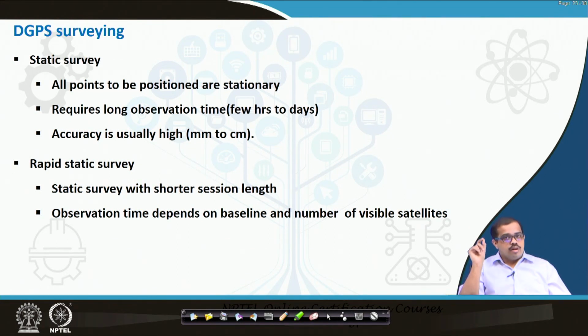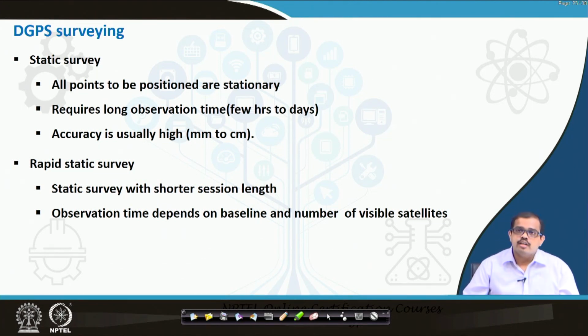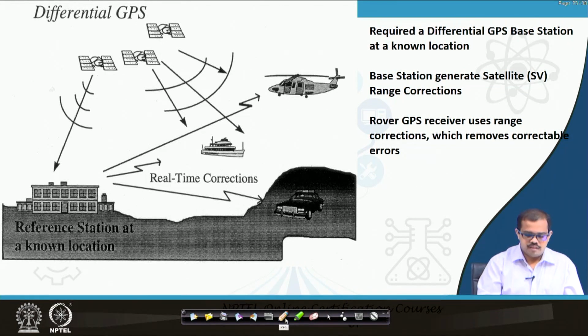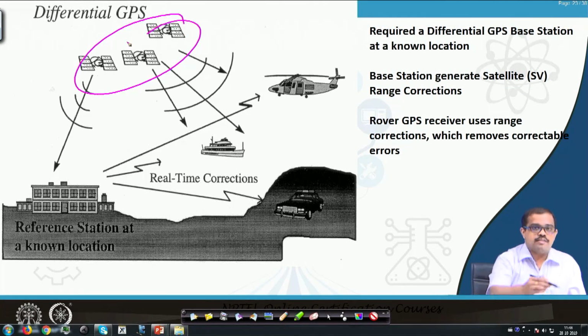So, the visible satellites are extremely important in a rapid static survey, whereas in a static survey that may not create much of an issue. Normally for a rapid static survey, we say at least 4 satellite signals must be there for measurements.